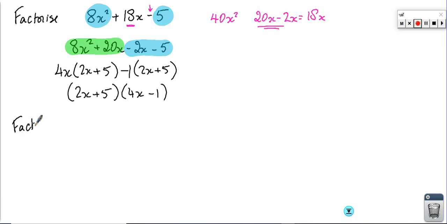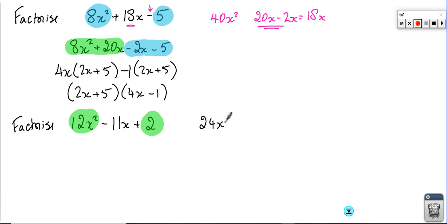Again, factorize 12x squared minus 11x plus 2. Slightly different than the other one. We'll see how. I'm going to multiply 12x squared by 2.